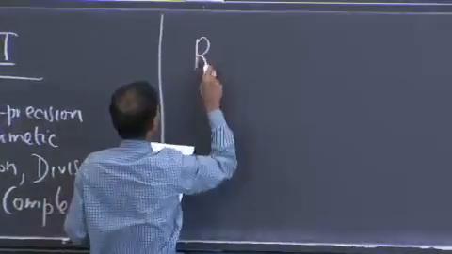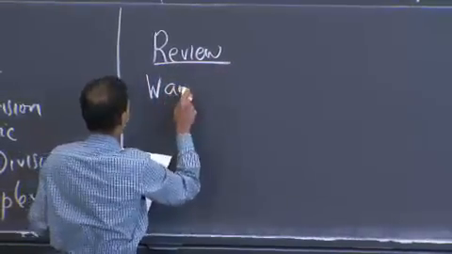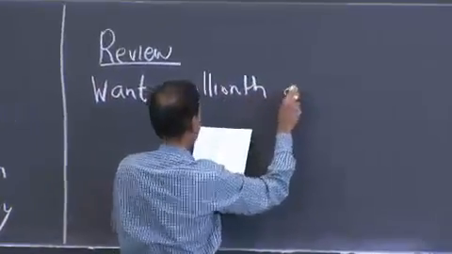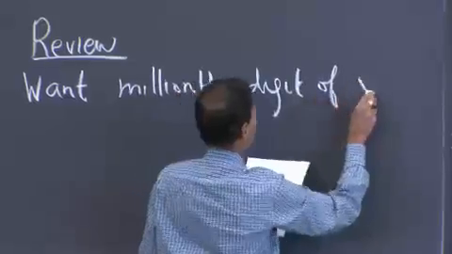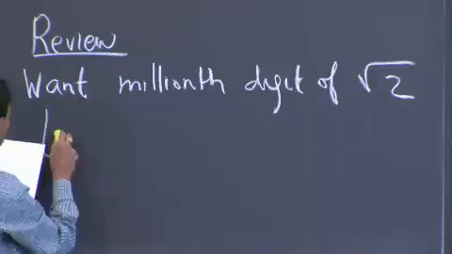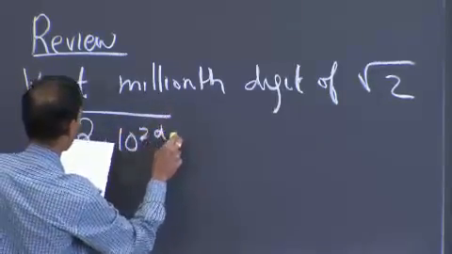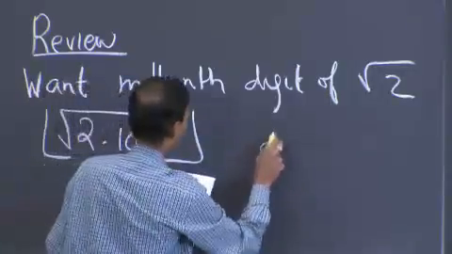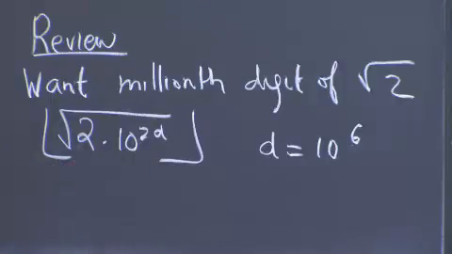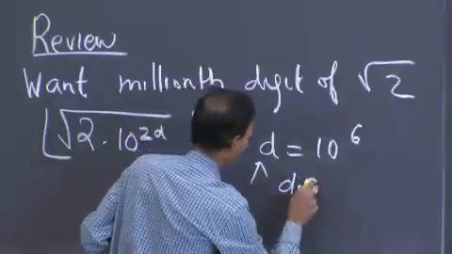So let me start with a review of what we covered last time. We decided that we wanted the millionth digit of the square root of 2. The way we're going to do this is by working with integers and computing the floor, since we need it to be an integer, of the square root of 2 times 10 raised to 2d, where d is the number of digits of precision.